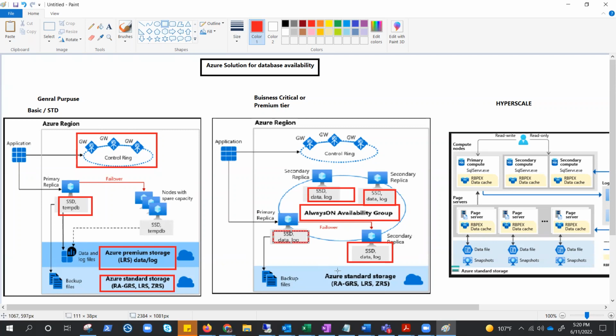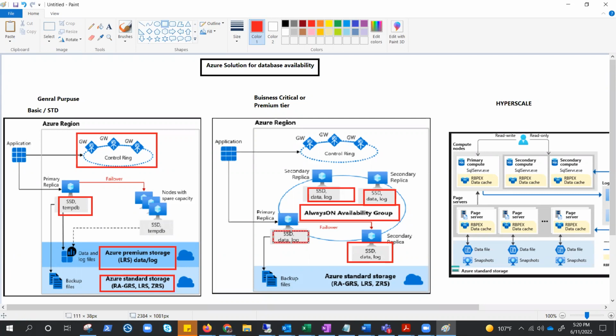Now, this is something important but obvious. Read scale out with one of the secondary replicas supports session level consistency. Pretty sure you are understanding where I'm going with this.